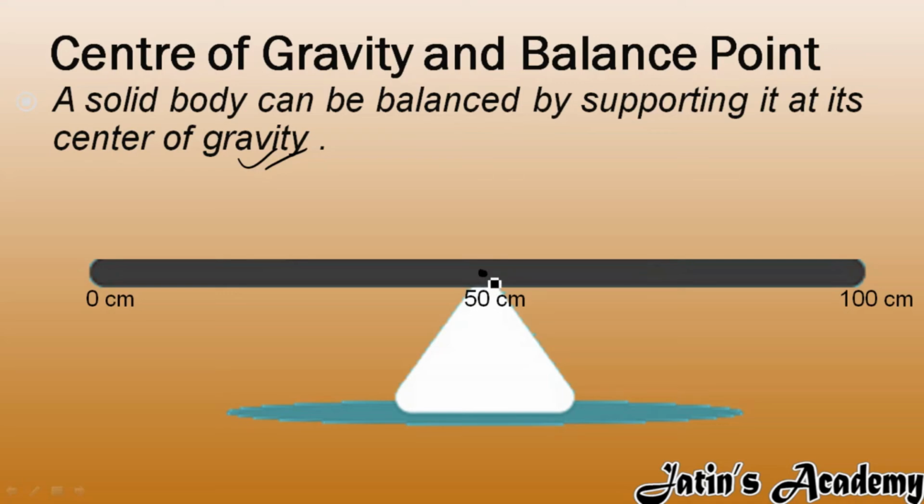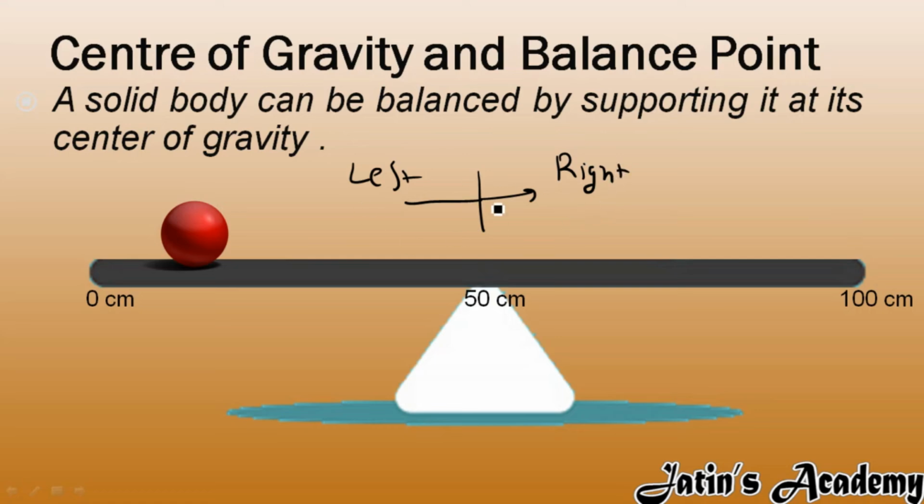Now for example, if I'm changing the distribution of mass, carefully see. If I place one object on one side, where is the mass more? For example, this is the left side, this is the right side. Carefully tell me where the distribution of mass is more, on the left side or on the right side? Obviously we have placed the ball on the left side, so the distribution of mass on the left side is more.